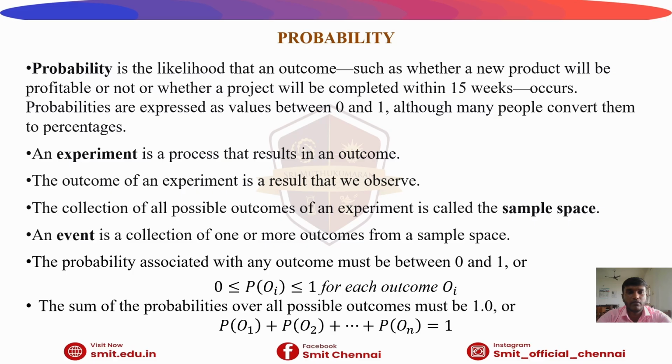And fourth, an event is a collection of one or more outcomes from a sample space. The probability associated with any outcome must be between 0 and 1, and the sum of probabilities over all possible outcomes must be 1.